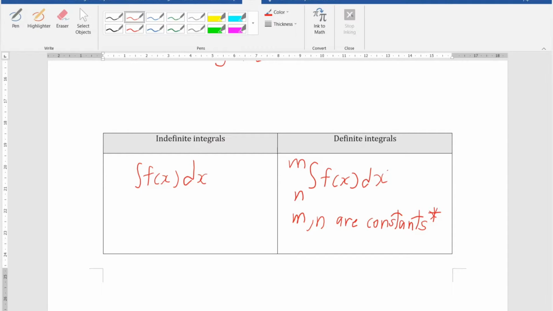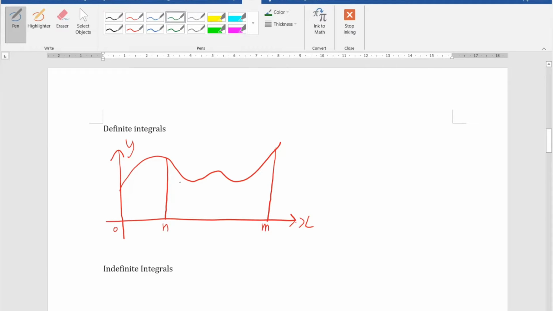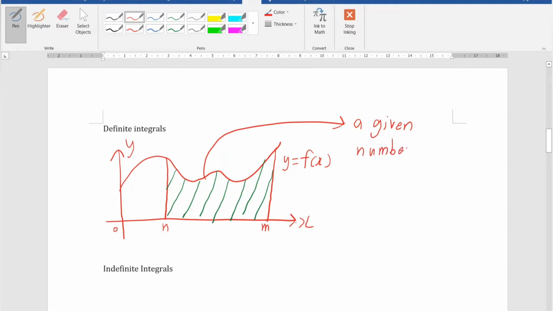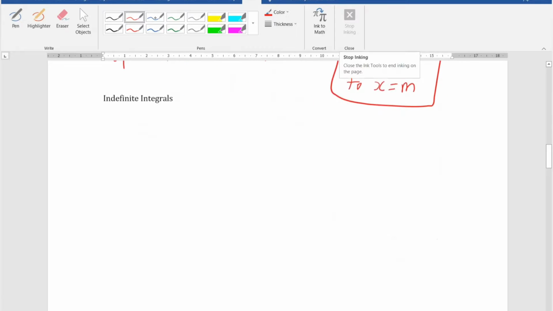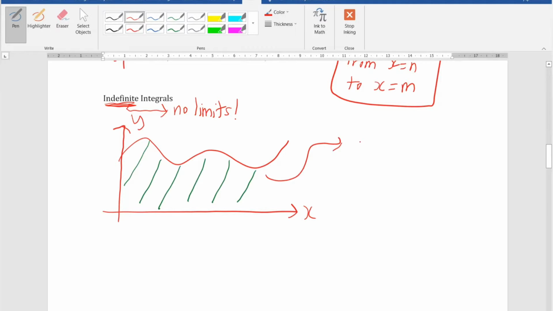Definite integrals calculate the area under the graph bounded by x equals n and x equals m, where n and m are the lower limit and upper limit of the integral, and the x-axis, f(x). The result will be a number representing the unit area under f(x). For indefinite integrals, there's no such limit, meaning that the area under the graph is calculated and usually the result ends up as an equation with x.